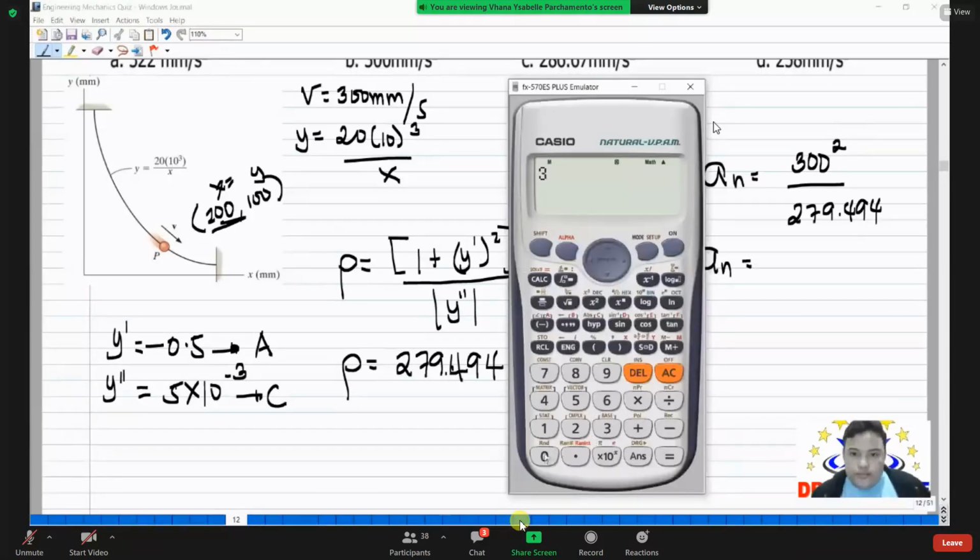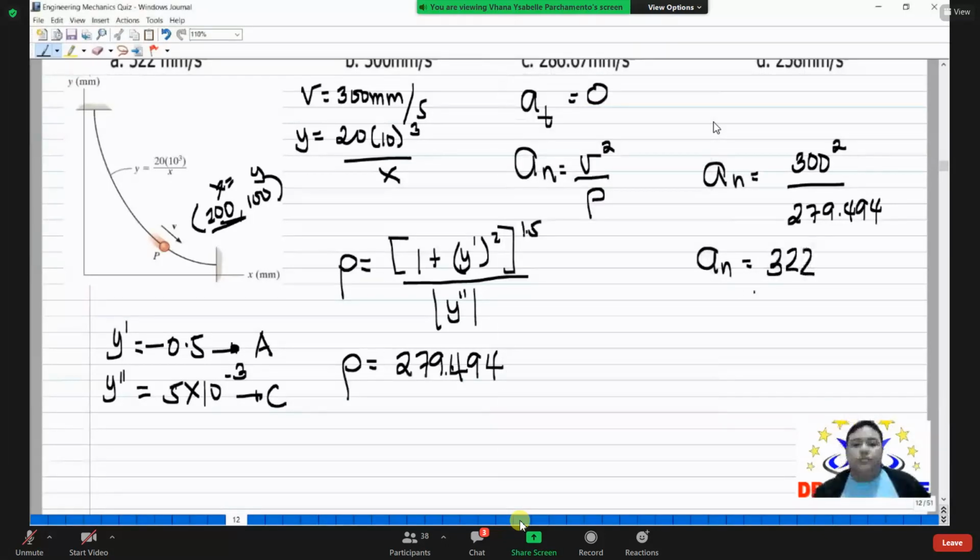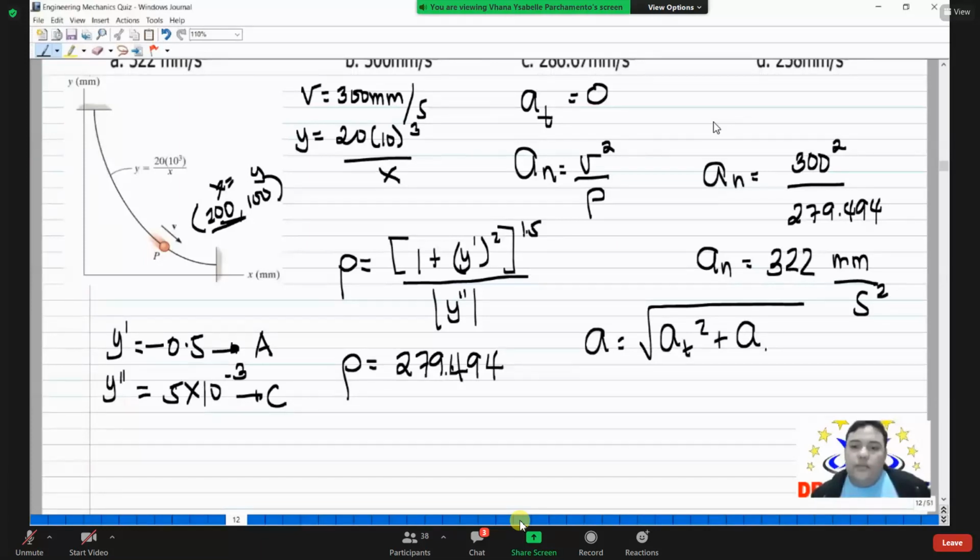So 300 squared all over yung answer. So 322 mm per second squared. So therefore, what is a? So that is square root ng a t squared plus a n squared. But this is 0.